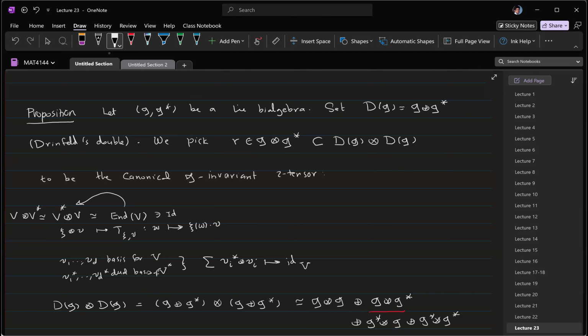The concept of the G invariant that I talked about before extends to two tensors on G tensor G star or any tensor product of G modules, and this guy becomes invariant. Okay, that's just an interpretation of the fact that the identity commutes with every other linear transformation. All right. So we take this particular two tensor.